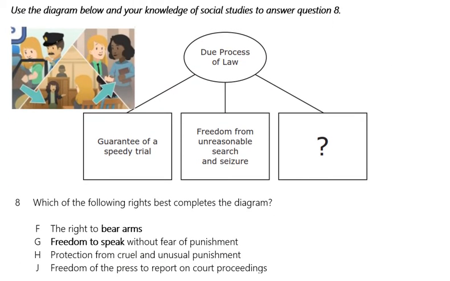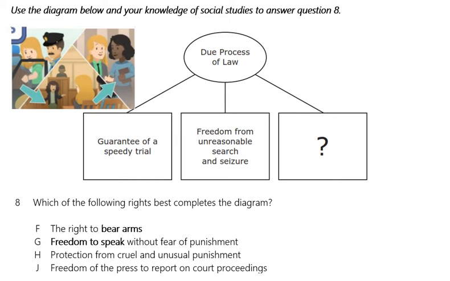Question number 8. Use the diagram below and your knowledge of social studies to answer question 8. Due process of law. First box: guarantee of a speedy trial. Second box: freedom from unreasonable search and seizure. Third box is empty. Which of the following best completes that diagram?